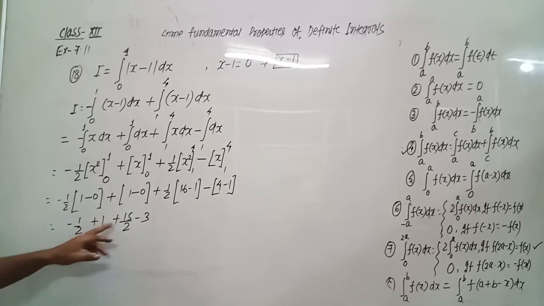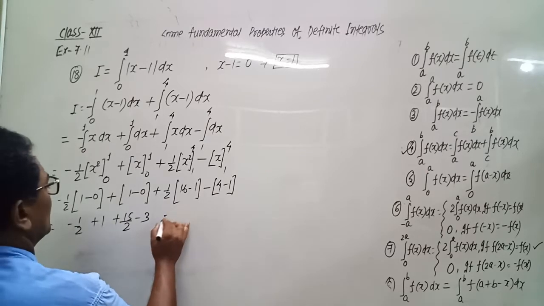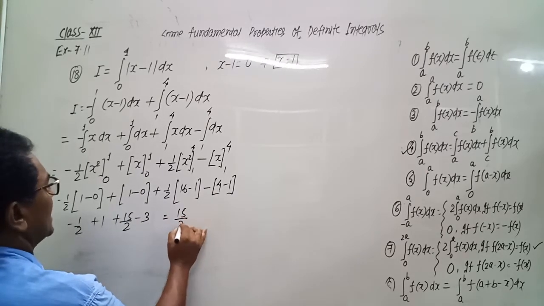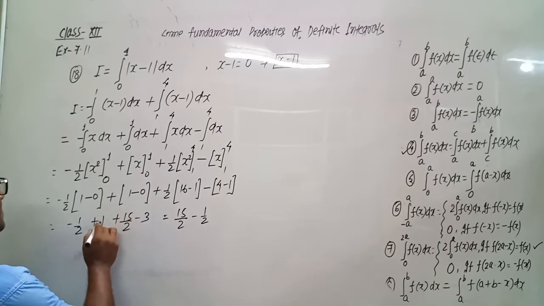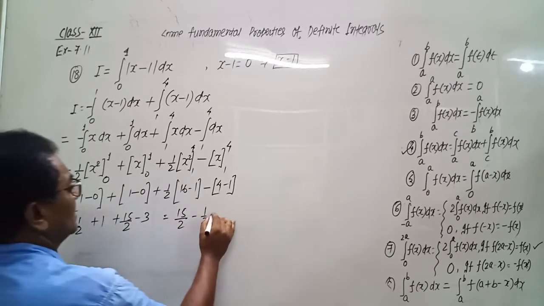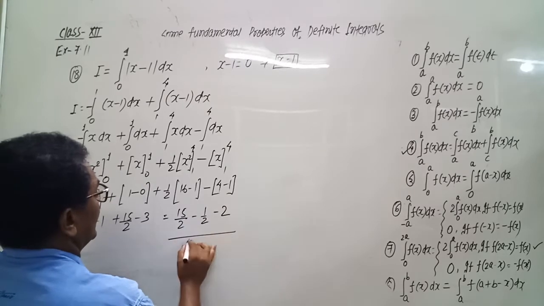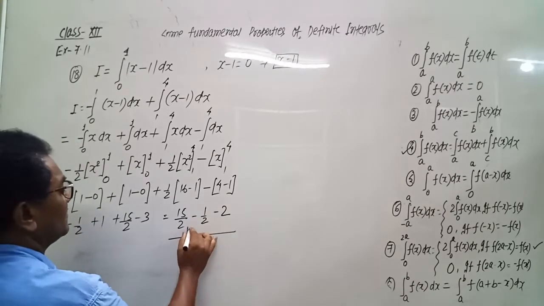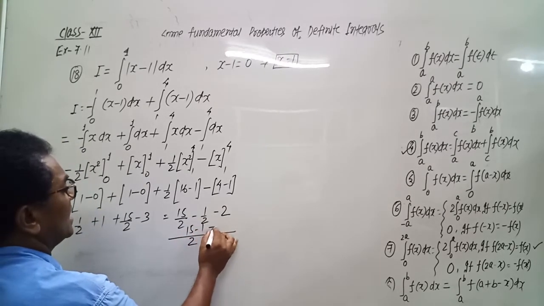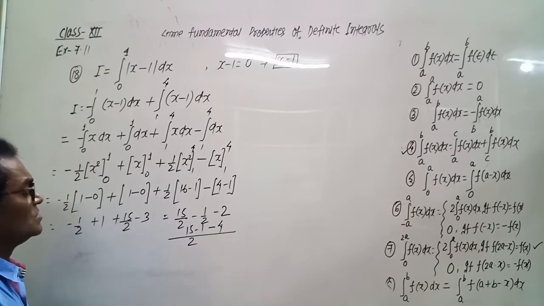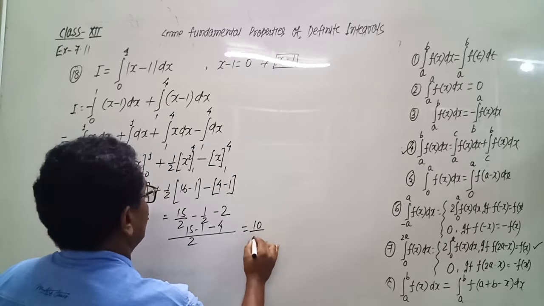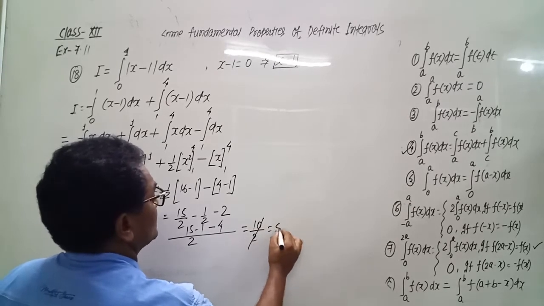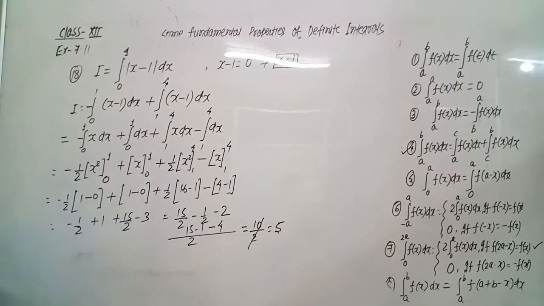So minus 1 by 2 plus 15 by 2 means 15 by 2 minus 1 by 2, and minus 3 plus 1 is minus 2. Taking LCM 2, we get 15 minus 1 minus 4, so 15 minus 5 we get 10, 10 by 2, and the result comes to be 5. We get the result 5.